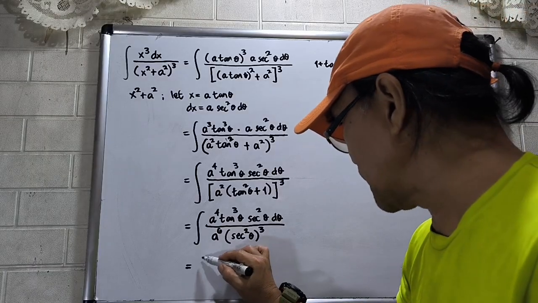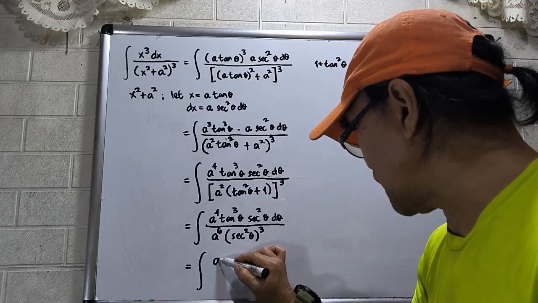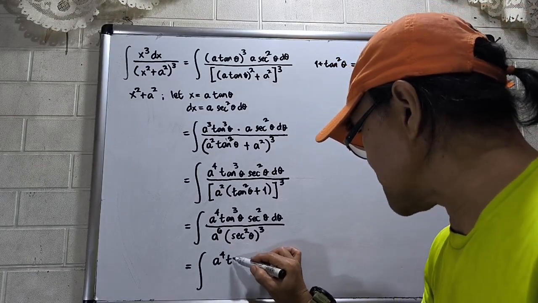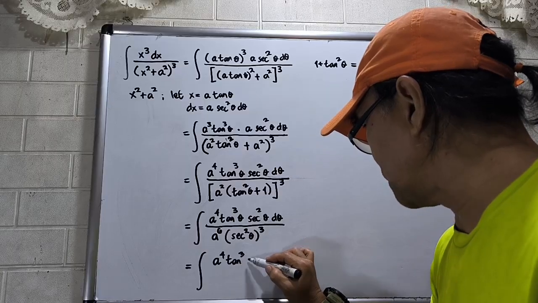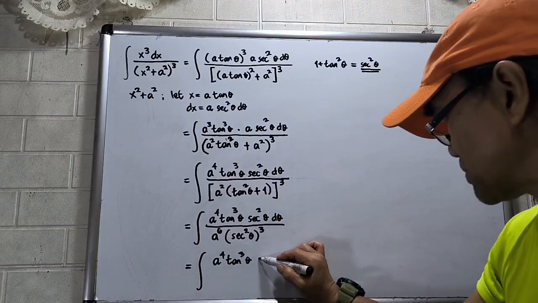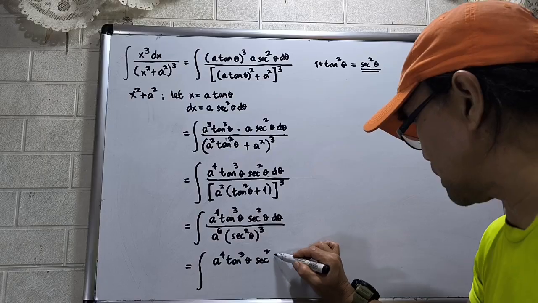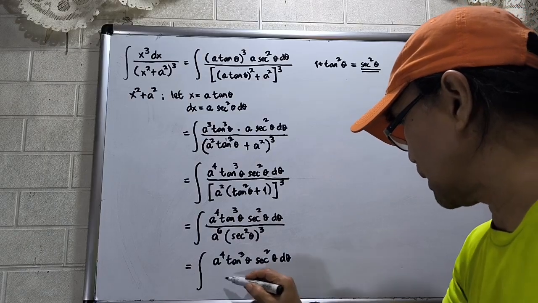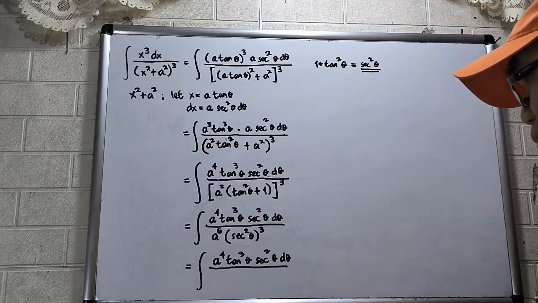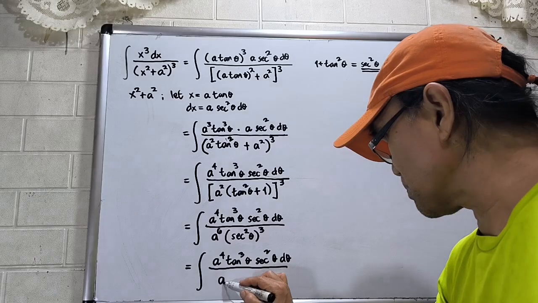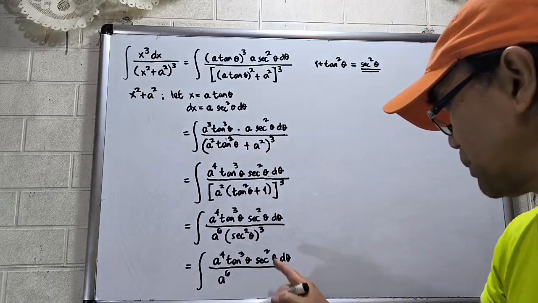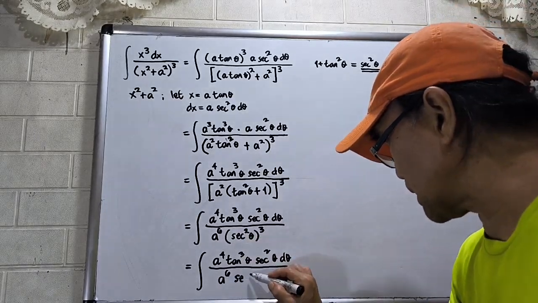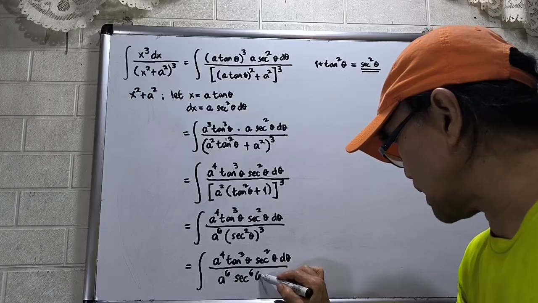So this will be the integral of a to the 4th power times tangent cube theta times secant squared theta d theta over a to the 6, then multiplied by secant to the 6th theta.